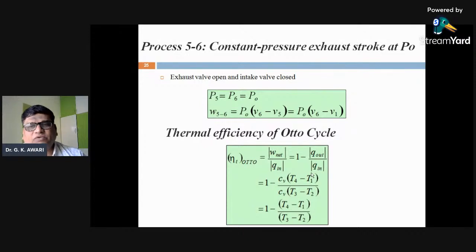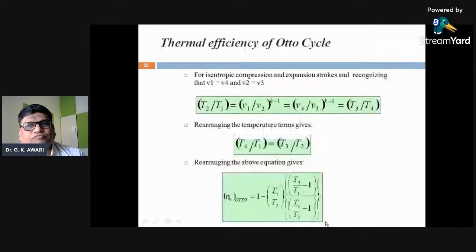And then we derived the equation for the thermal efficiency of the Otto cycle, which is given by eta Otto equals 1 minus (T4 minus T1) divided by (T3 minus T2).